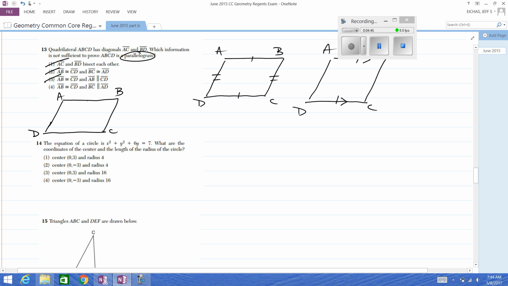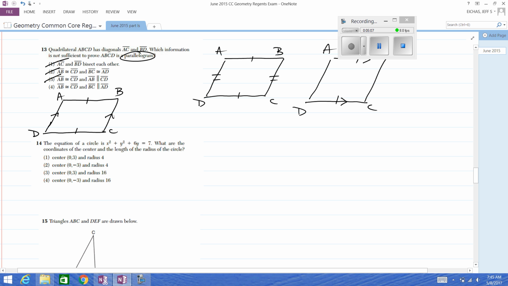Okay, AB congruent to CD, AD parallel to CD. I'm sorry, oops, I marked the wrong one. No, that's right. That's correct. So that's the markings. Why? Now that could be a parallelogram.